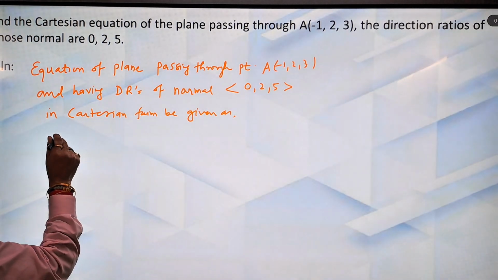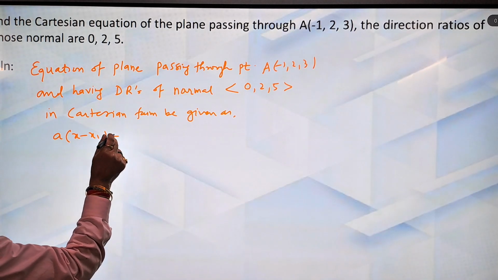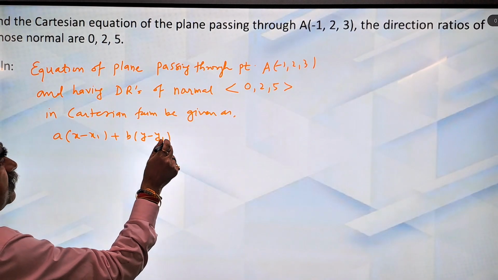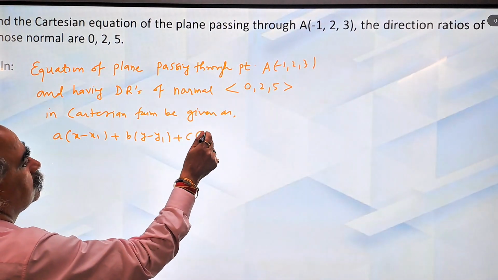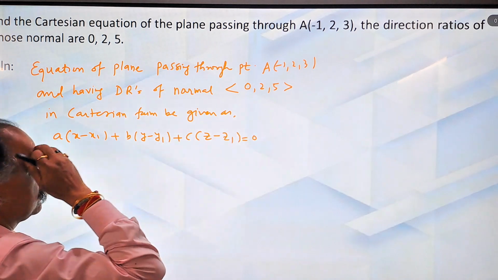a into x minus x1 plus b into y minus y1 plus c into z minus z1 is equal to 0.